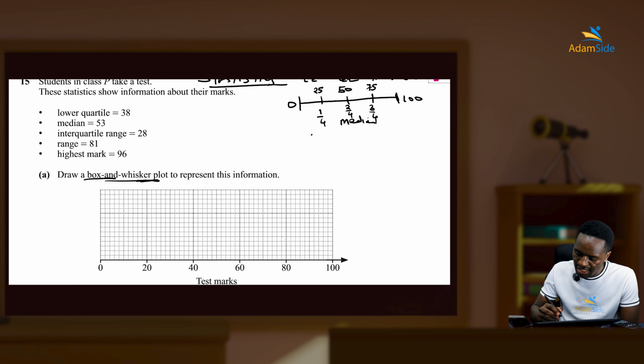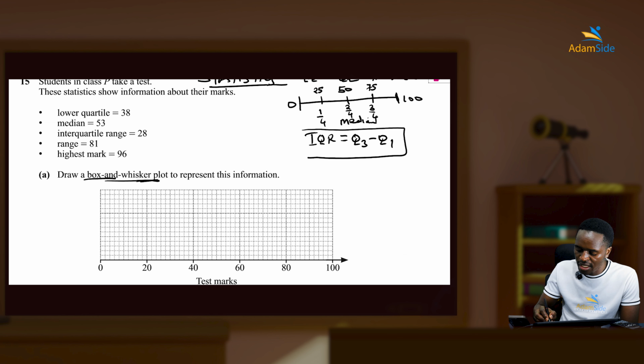The interquartile range, IQR, is found by Q3 minus Q1, the difference between the upper quartile and the lower quartile.